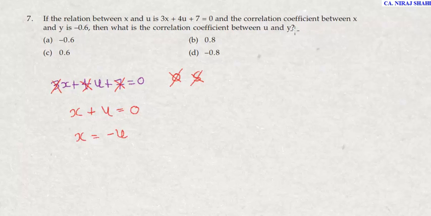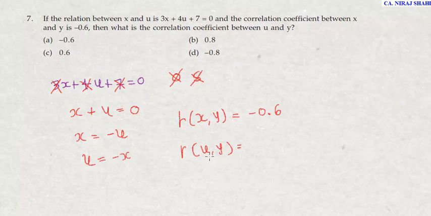Now the correlation coefficient between x and y, r of x and y, is minus 0.6, and what will be r of u and y? This has been asked to us. Now here if I say x is equal to minus u, then I can also say u is equal to minus x.